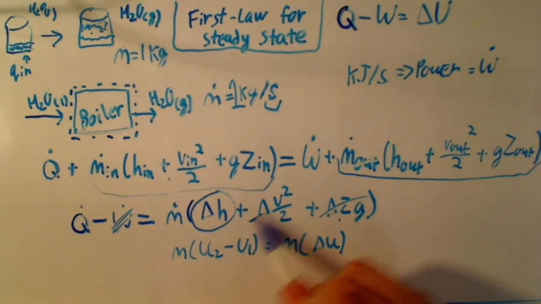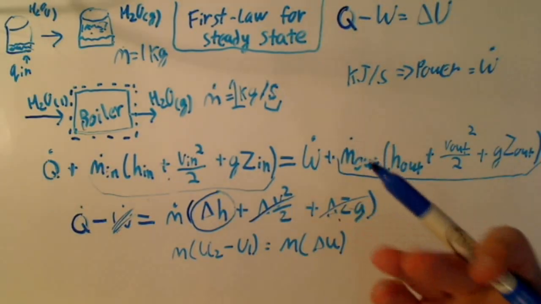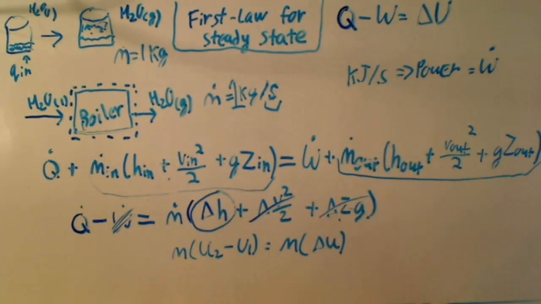A lot of times we just don't take these into consideration because the changes are so small that it's extra work you don't need to do when the answer comes out to be pretty much the same, give or take very small percentages in difference.